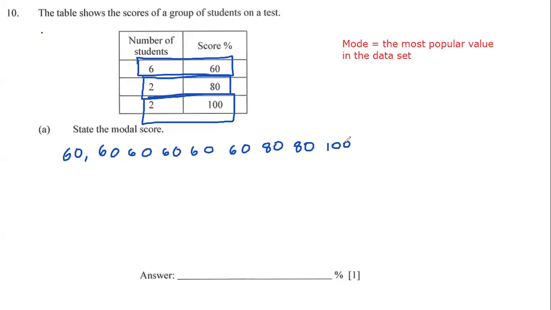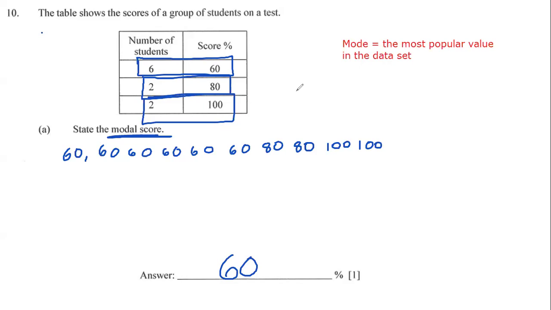Okay, so that means the score that occurs the most is what? 60%. 60%.